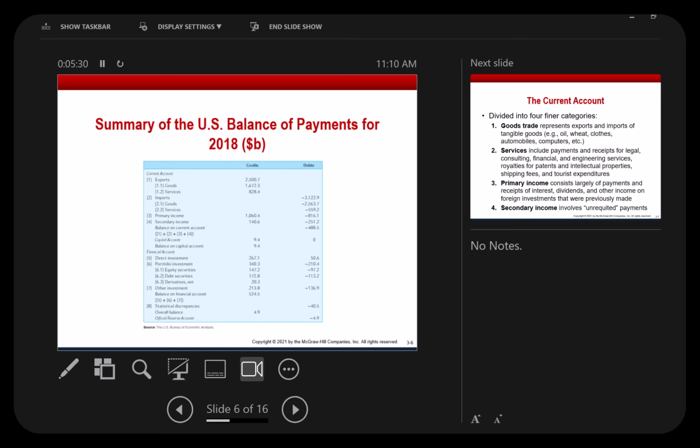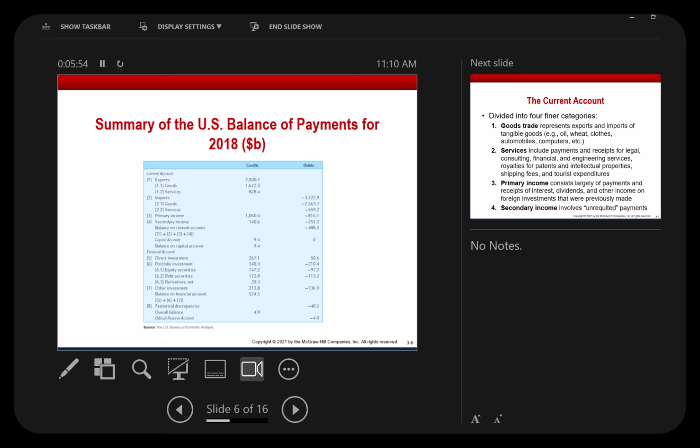You sell stuff and money comes into your country, about $2.5 trillion. Of those, 1.67 is goods, the other is services. Imports, on the other hand, is over $3 trillion.